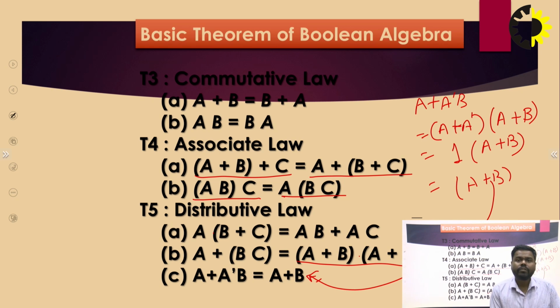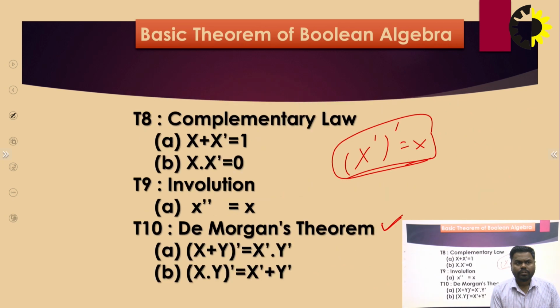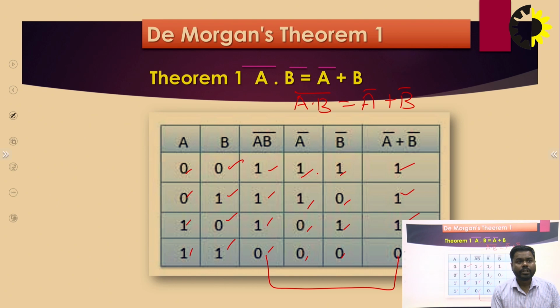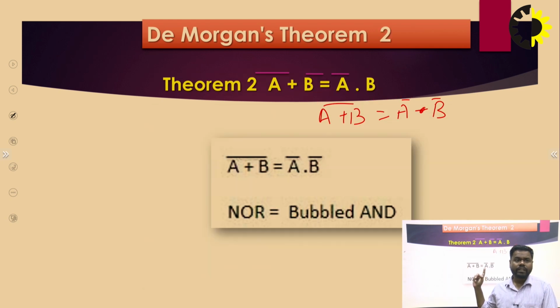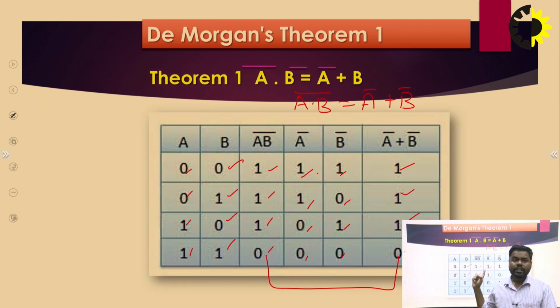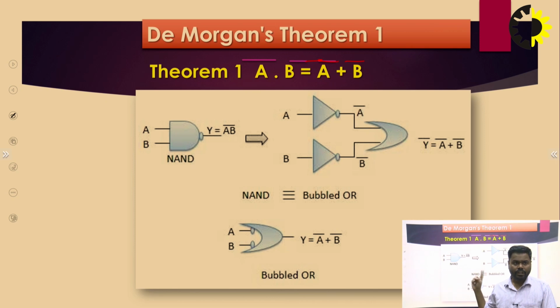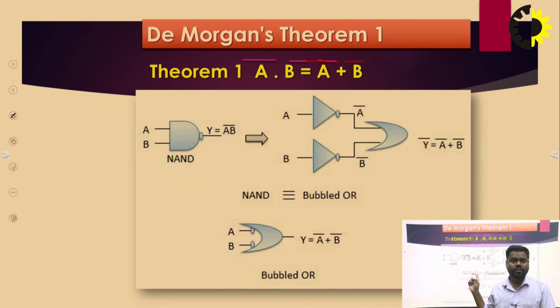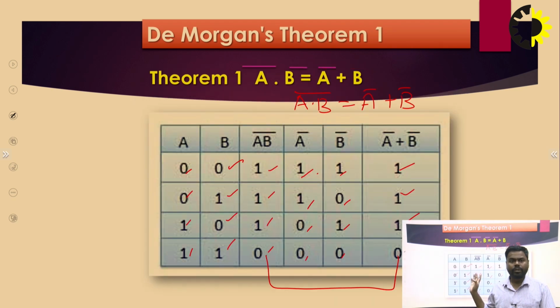They will be equal. So these are the laws. From them I have proved De Morgan's theorem, the first one and then the second one, using the circuit, the operators, and the truth table.